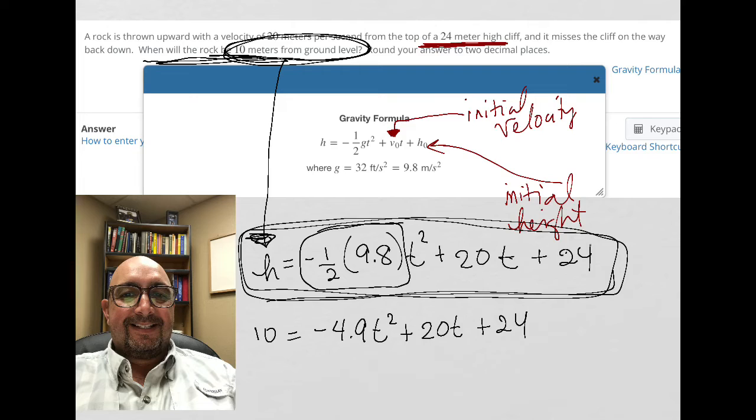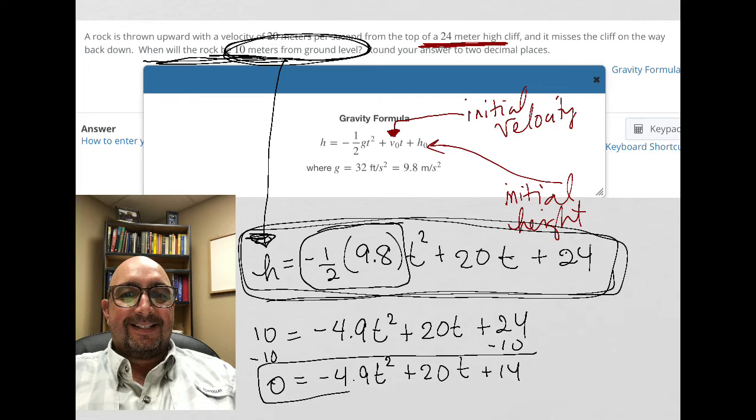Generally, we want to set this equation equal to 0. So I'll subtract 10 on both sides, and this will give me 0 equals negative 4.9 t squared plus 20t plus 14. And this is the equation of interest.